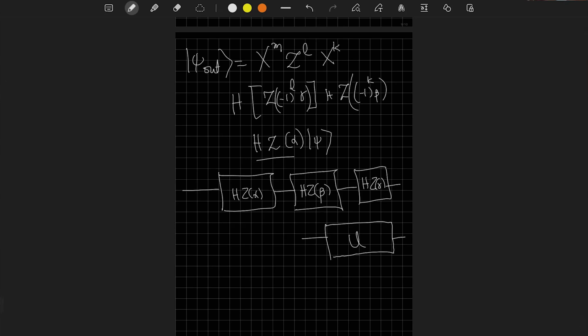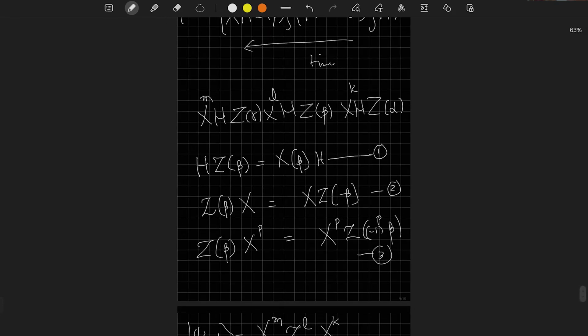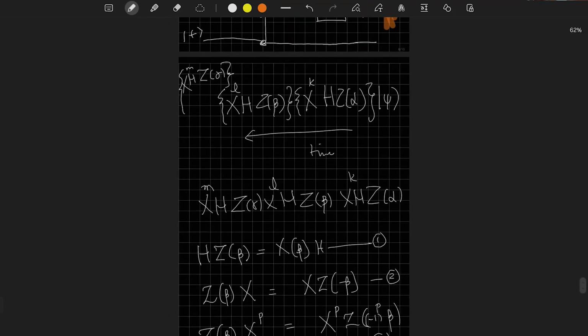Now, by the way, HZH is an X operator. You can see that: HZ, you post-multiply with H, get X; HH is an identity.